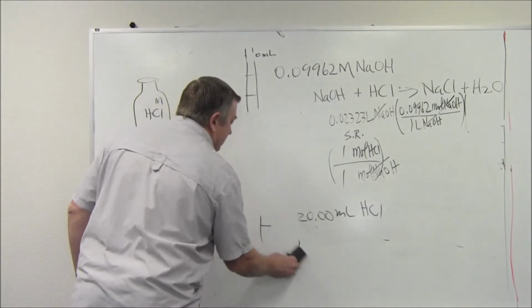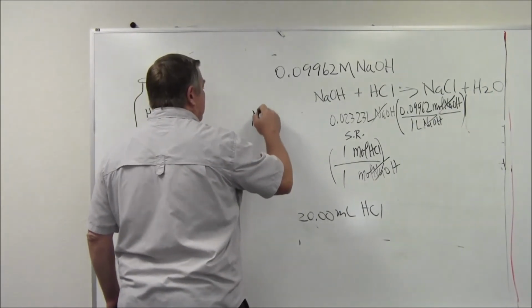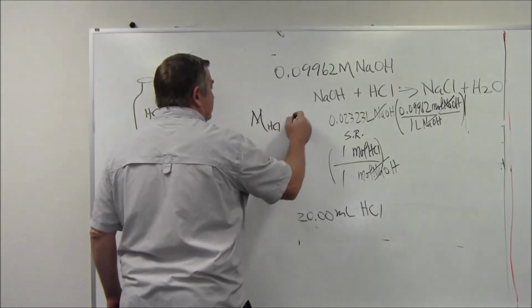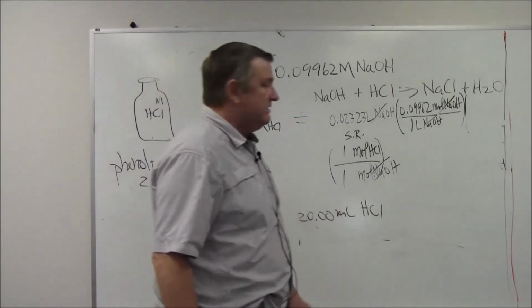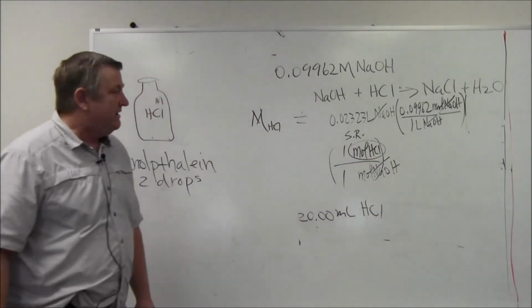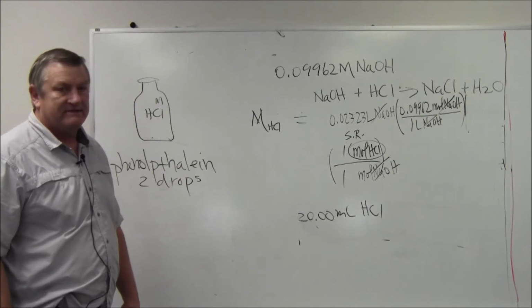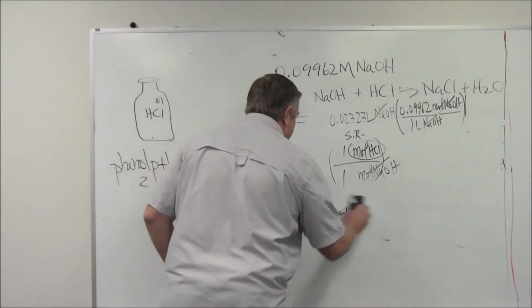Let me erase this. My equation I'm doing is molarity of unknown, here HCl, equals. So this is my numerator. My numerator, I've got moles of known, with two-step dimensional analysis. And now I've got to put in a denominator.